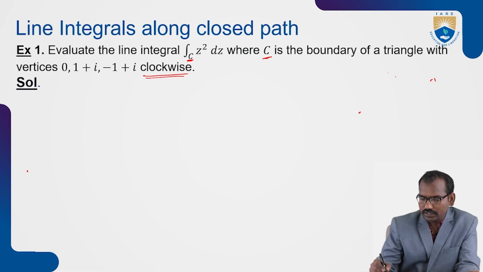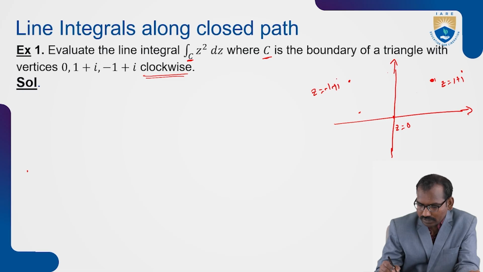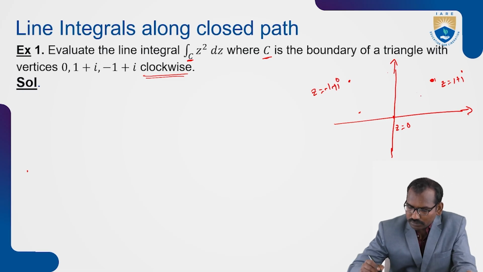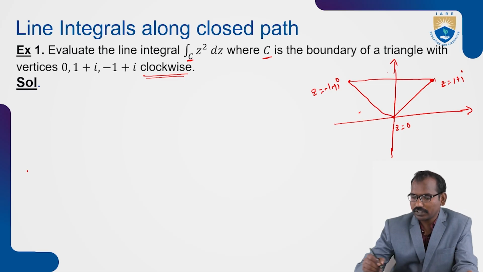Now I am drawing this boundary in the complex plane. This is z equals 0, and this is z equals 1 plus i. Here I have to take another point, which is z equals minus 1 plus i. I have to connect all these points so that I get a triangular path.